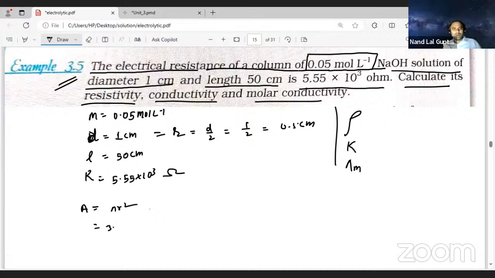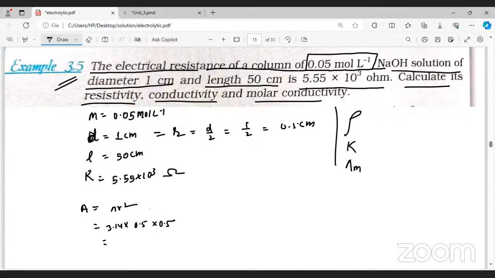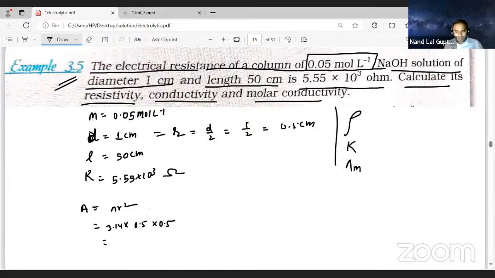Pi value 3.14, r value is 0.5 multiplied by 0.5. So 3.14 multiplied by 0.5 multiplied by 0.5, it is coming 0.785, and this is going to be centimeter square.